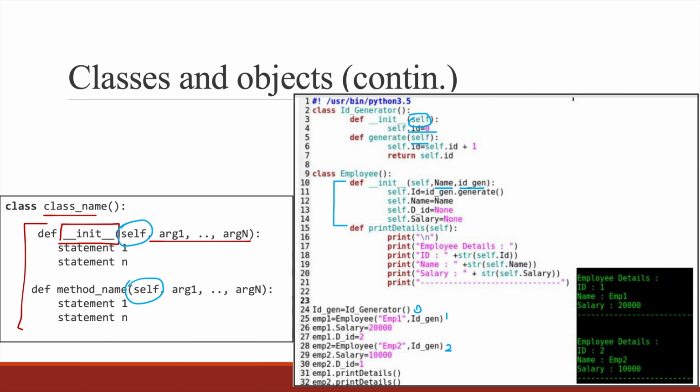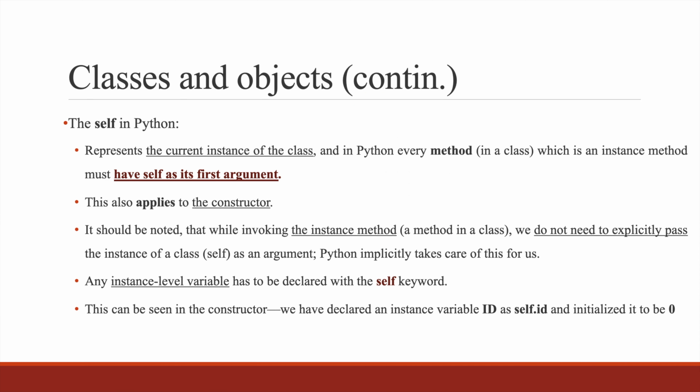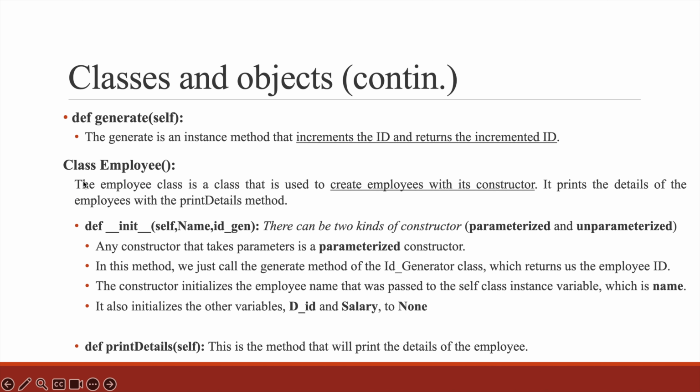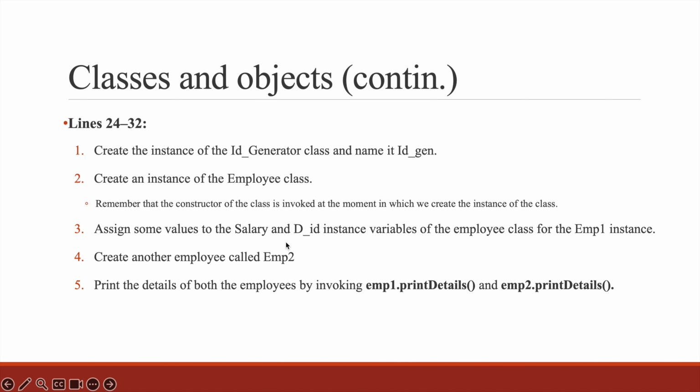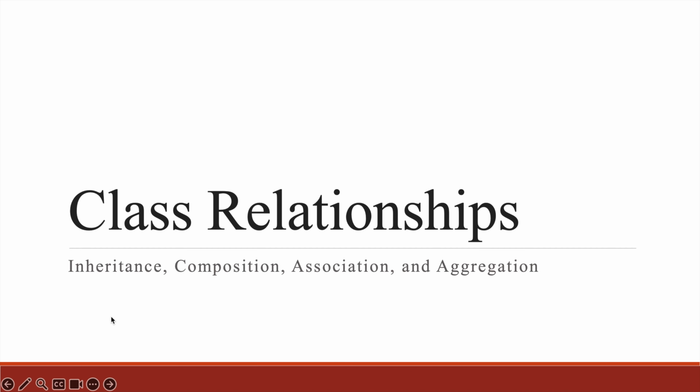Technically you can choose any word, but it is almost used as a keyword. That's how popular the use of the word self is. So this can be seen in the constructor, where we have declared the instance variable ID as self.id. We didn't write ID directly. And then the rest is repetition of what we said, so you can read this on your own.